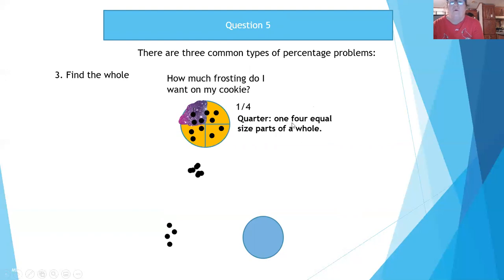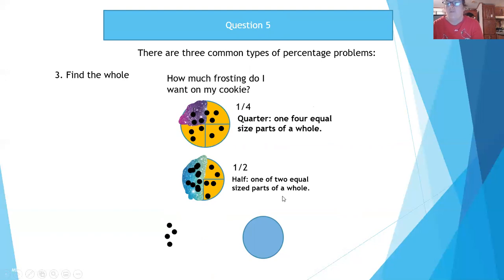So 1/4 equals 1 of 4 equal size parts of a whole. Okay, so I want my cookie halfway with frosting, which I'd rather have all, but it's half. So half is 1 of the 2 equal size parts of a whole, with these little chocolate chips.